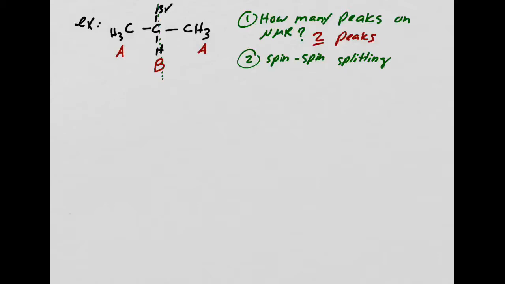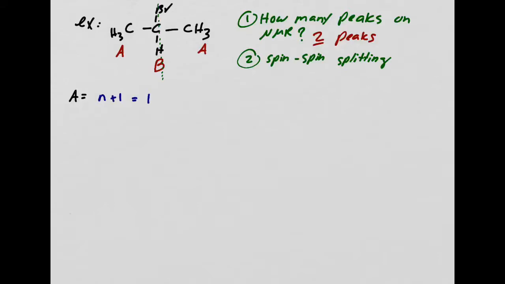Okay. Now, let's look at A first. That's a little bit easier. Now, the adjacent carbon has how many hydrogen? The adjacent carbon has only 1 hydrogen. You agree? So what is my N?